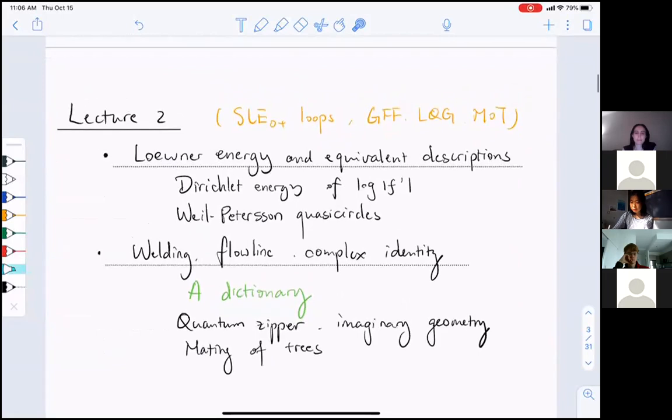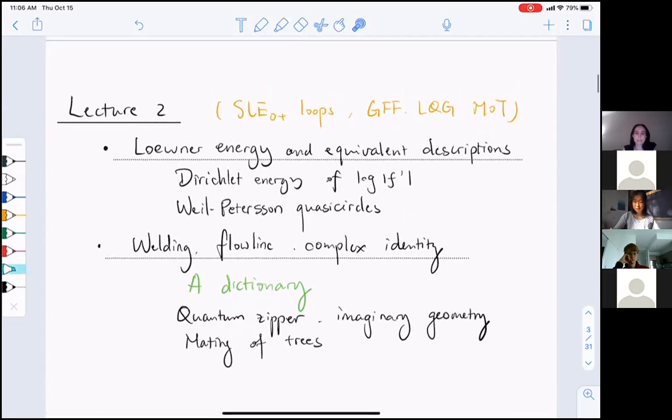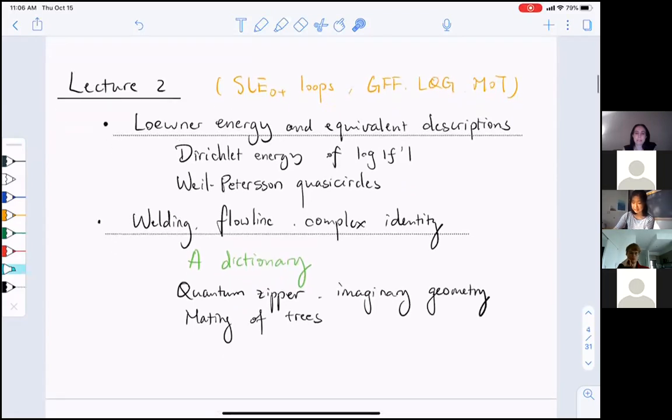So in the second lecture, we will be looking at the Loewner energy for loops and some equivalent descriptions of that. And especially it will relate to the Dirichlet energy of some log conformal map. And on the classical geometry side, finite-energy loops are called Weil-Petersson quasicircles, which ties to Teichmüller theory. It's purely on the deterministic side.